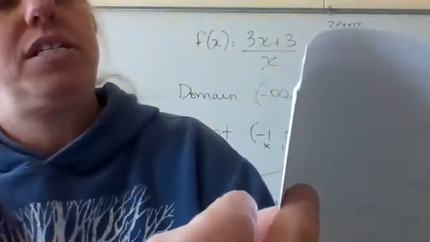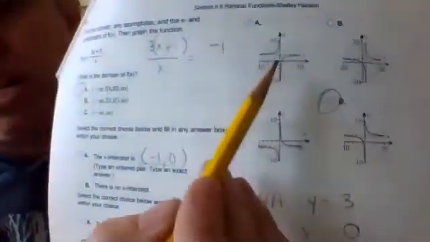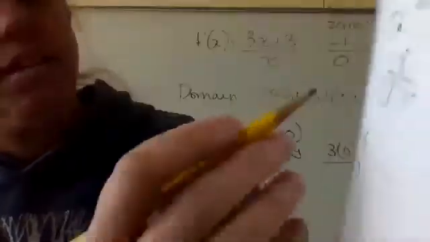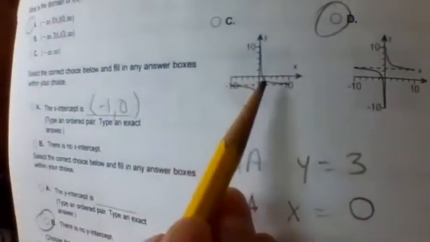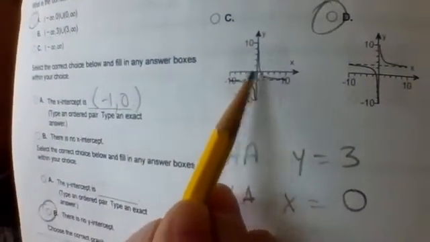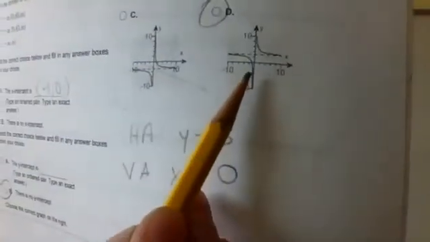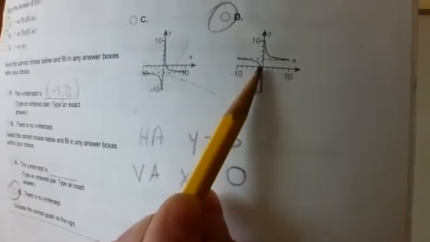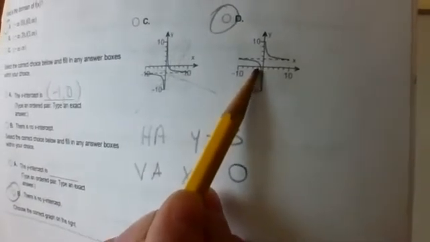B is hard to tell. It looks like it goes right through the origin, but again, it's hard to tell. Let's look at C. C crosses through the x-axis a little bit to the right of the origin, so that's why it's not C. D crosses through a little bit to the left of the origin, which makes it -1.